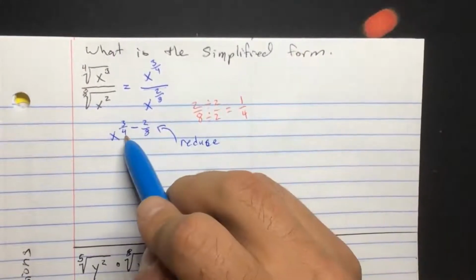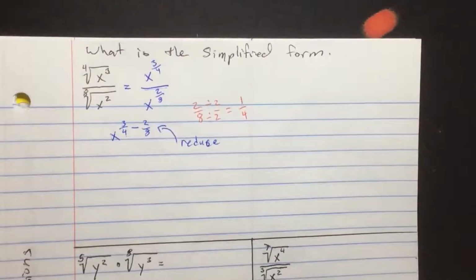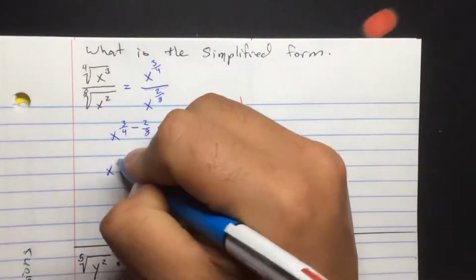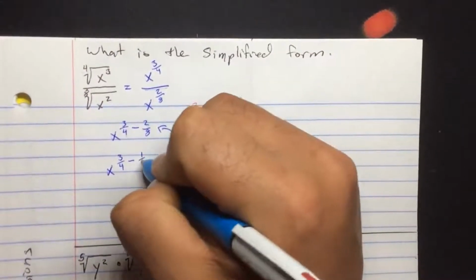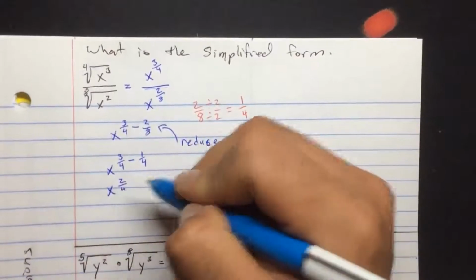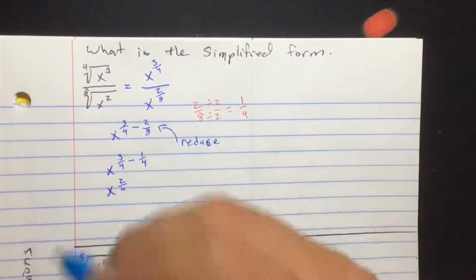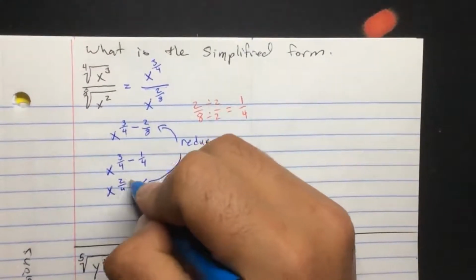And our 1 over 4 does have the same denominator, so that means we can subtract. So we have x to the 3/4 minus 1/4. And now we can go ahead and say this is x to the 2/4. And once again, we can reduce again. We divide both by 2 again.